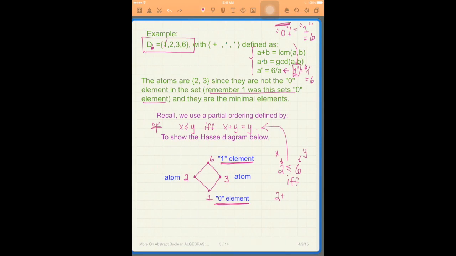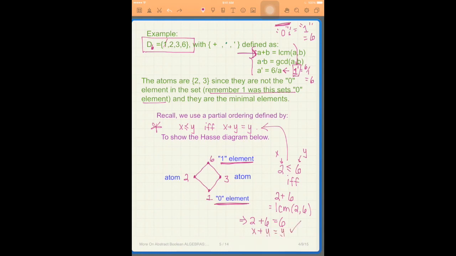What does 2 plus 6 mean to us? 2 plus 6, now this is not 8 because we're not on our normal algebra, we're on this algebra. So 2 plus 6 to us means to take the least common multiple. So I take the least common multiple of those two numbers to get my output. And what's the least common multiple of 2 and 6? The least common multiple is 6. So notice when you do 2 plus 6, that means 2 plus 6 gives you back 6, which does mean x plus y equals y.